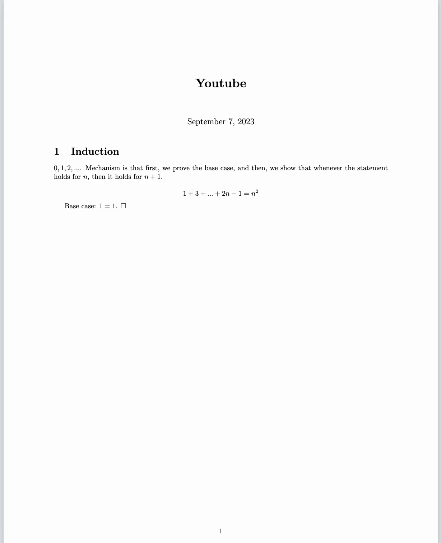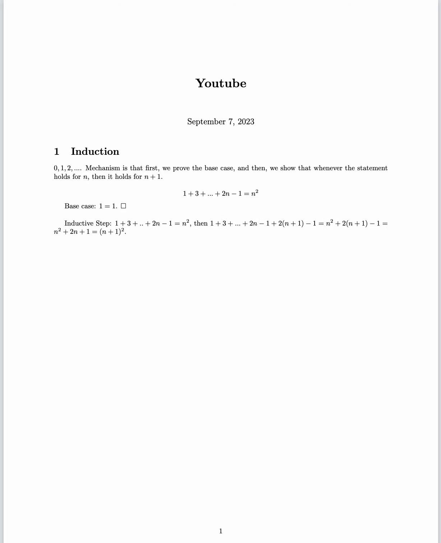Because we already assume that the sum of the first n odd integers is equal to n squared, we can just substitute n squared for it. Then we get n squared plus 2 times n plus 1 minus 1, and after simplification, n squared plus 2n plus 1. And aha, this is exactly n plus 1 squared.